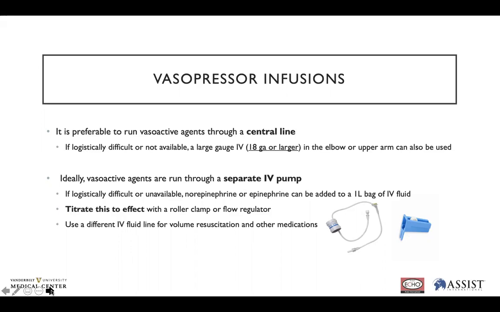If you don't have one, certainly a roller clamp can be used as well. This is a time when the drop counting method is probably the easiest way to know what rate you're delivering. If you have it, it's ideal to use a different fluid line, so a second IV with a second set of tubing for volume resuscitation and other medications.